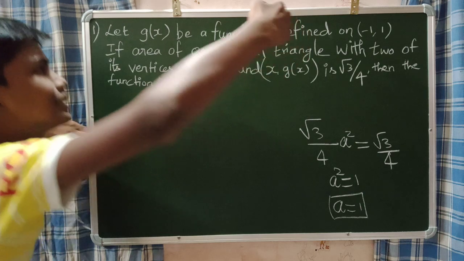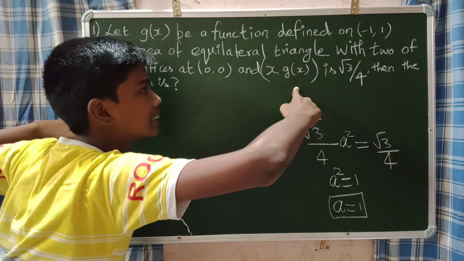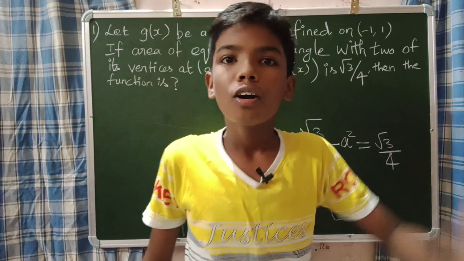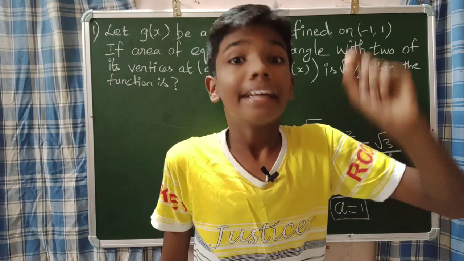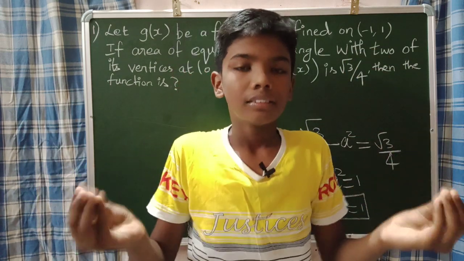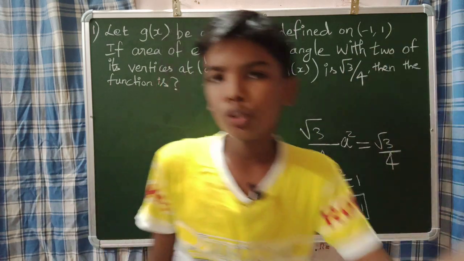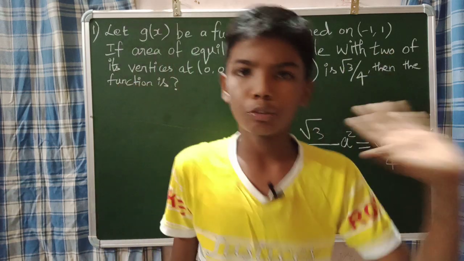So what will be the distance between 0 comma 0 and x comma g of x? Use the distance formula. The distance between 2 points is root of x2 minus x1 whole square plus y2 minus y1 whole square.